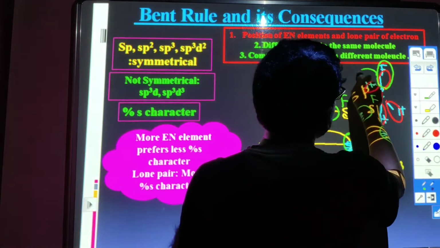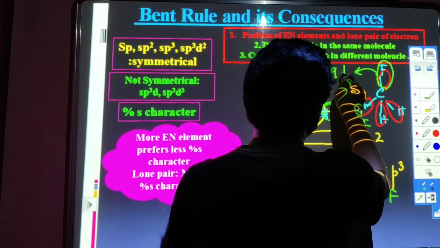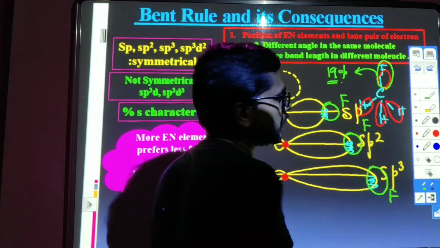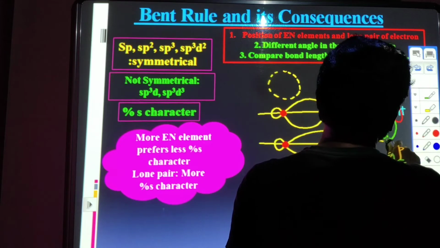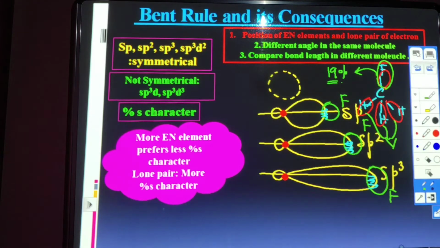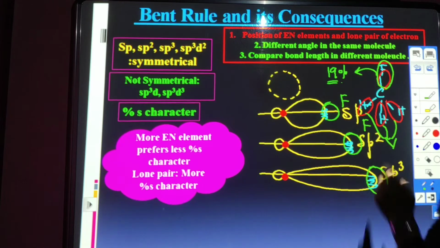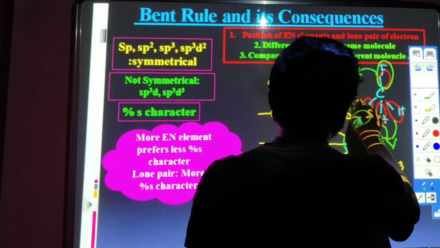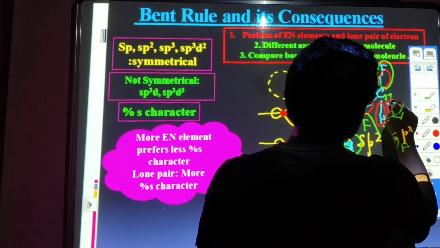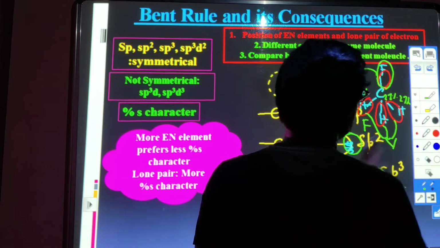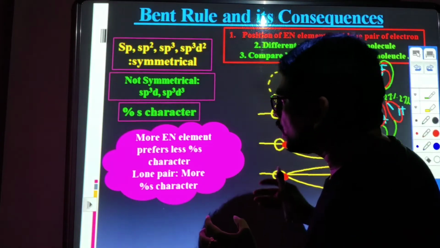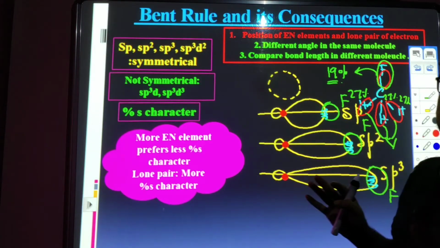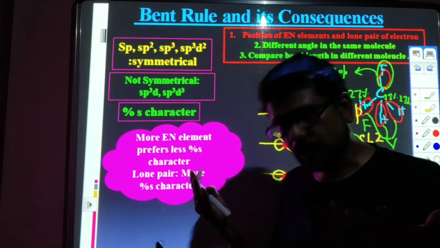So say here instead of 25% it is say 19%. In these three hybridized orbitals, 2%, 2%, 2% will be increased. So this value will be here 27%, here also 27%, and here also 27%. So that's why a more electronegative element will occupy positions where the percentage of s character is less.